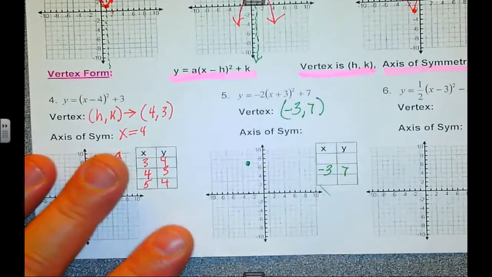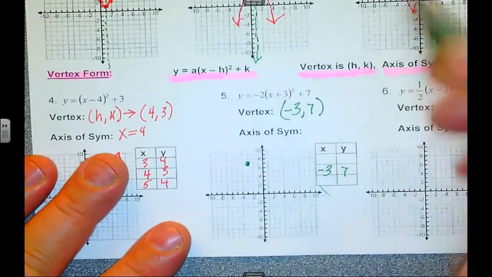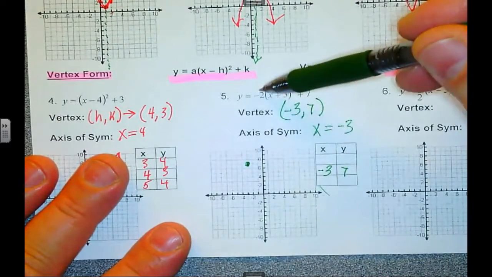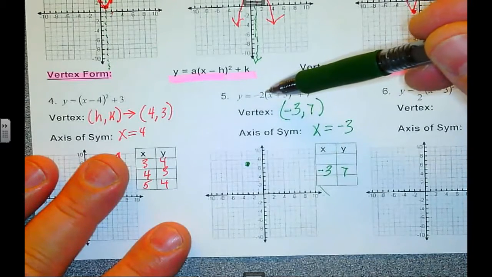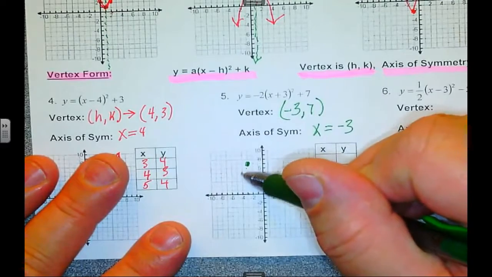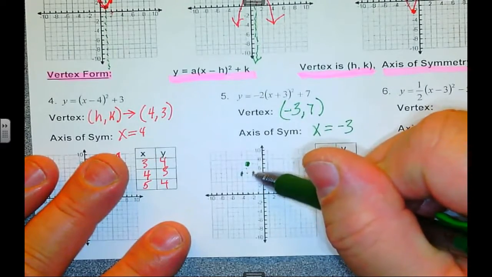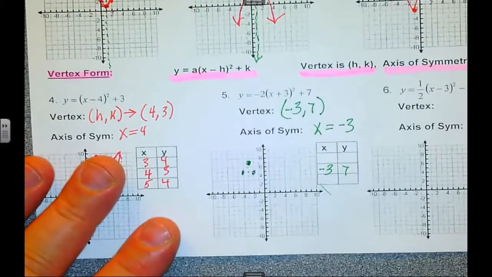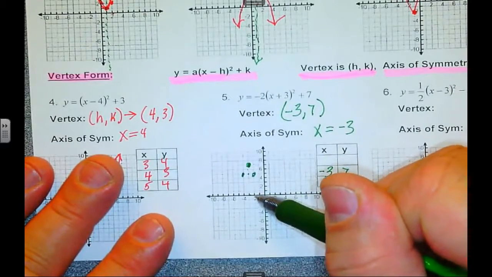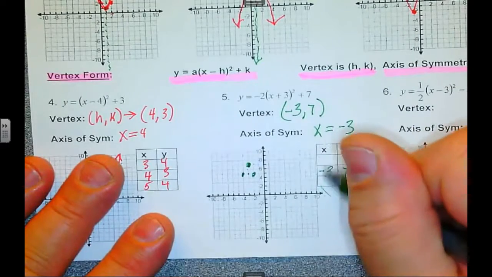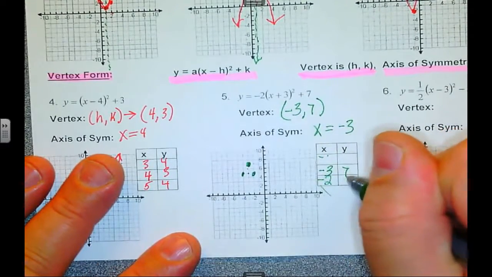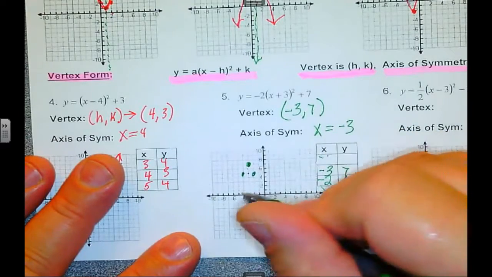My axis of symmetry is x equals negative 3. My slope is negative 2 over 1, so I could go down 2, and it doesn't matter if you go to the right or left because it's symmetric. We need both points anyway. So these points are (negative 2, 5) and (negative 4, 5).